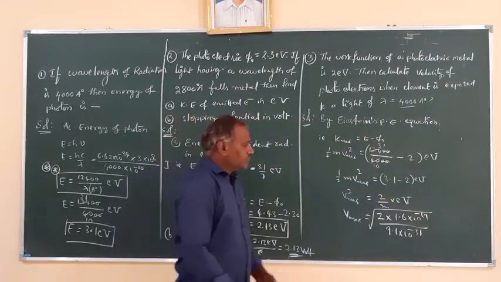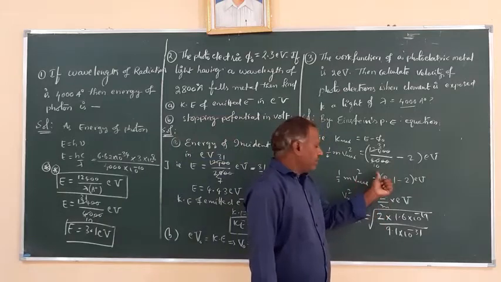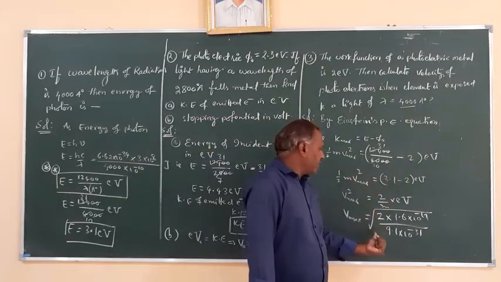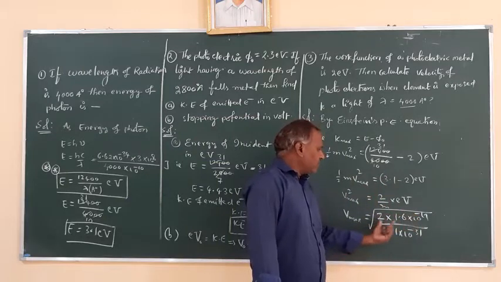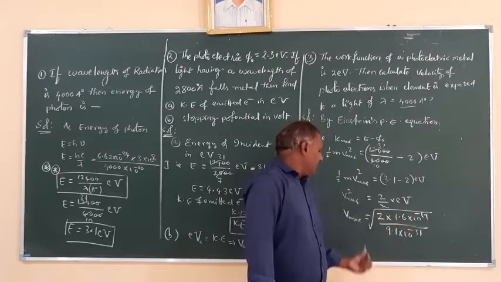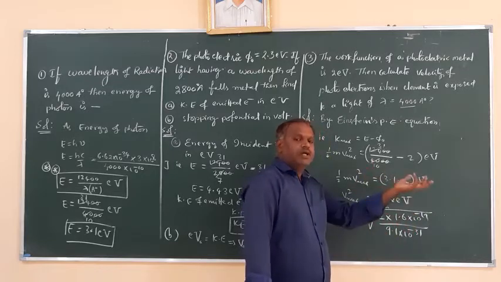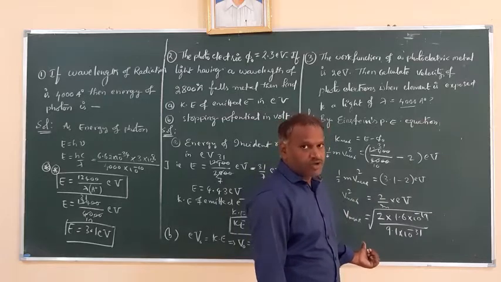Right? So this 2 goes in the numerator, and this mass becomes the denominator, and the square root is there because V square is there. So now we substitute these values and simplify to get the velocity acquired by the emitted electrons in the SI system, that is, meters per second.